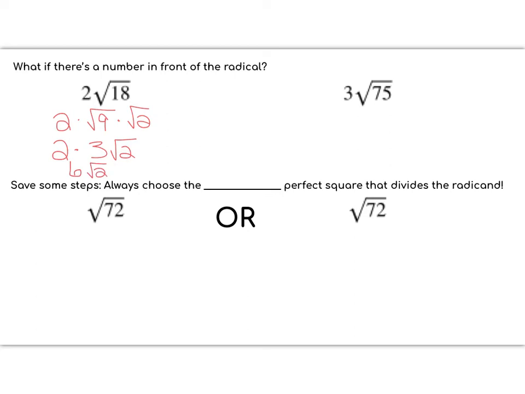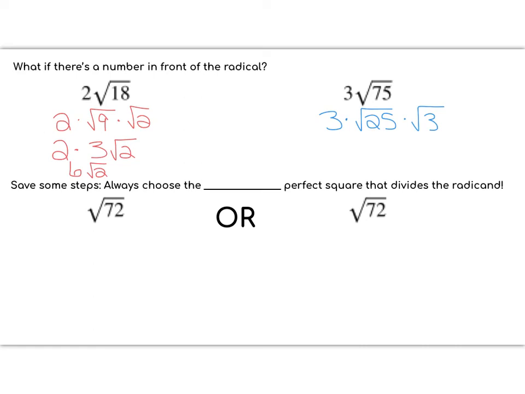So if there's already a number on the outside, you're going to multiply it by whatever square root you get to take out. Okay? So 3 times the square root of 25, 3 times the square root of 75. Tell me, hint, hint, hint, what perfect square divides 75? 25 divides 75.